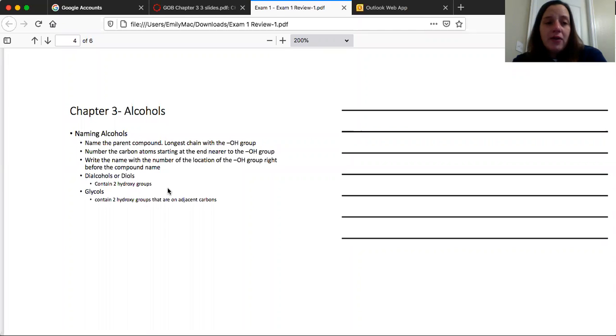And then a dialcohol or diol contains 2 OH groups. And then a glycol, so this is a little bit different, be careful with this. A glycol contains 2 hydroxy groups, but they're on adjacent carbons. So not all diols are glycols, okay? Glycols have the hydroxy groups on adjacent carbons.